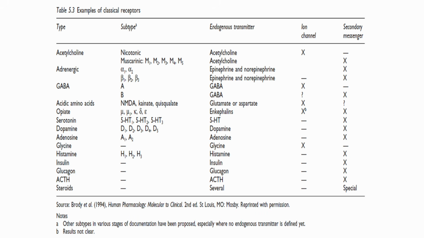So these are the common examples of classical receptors. You will be familiar with this siguro pag natapos na tayo sa pharmacology. But you will be hearing acetylcholine, mga nicotinic muscarinic receptors, adrenergic receptors, GABA, the dopamine, etc.